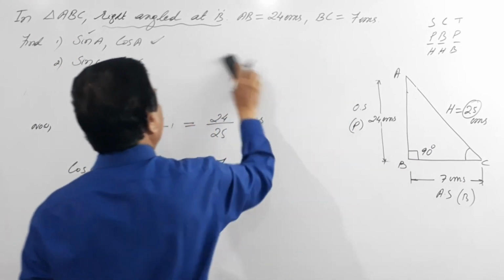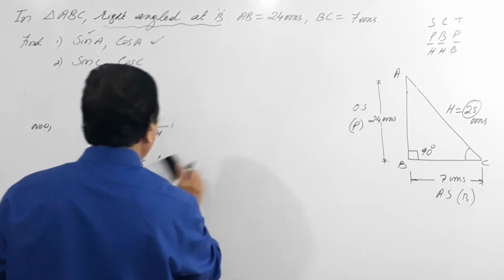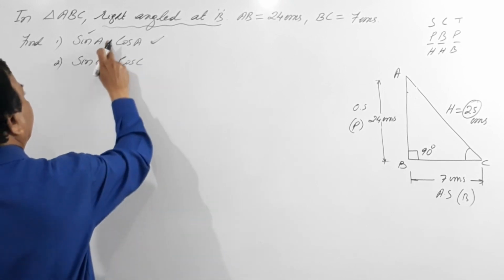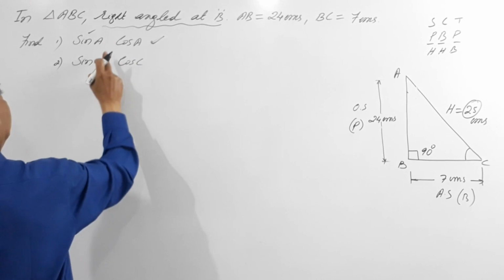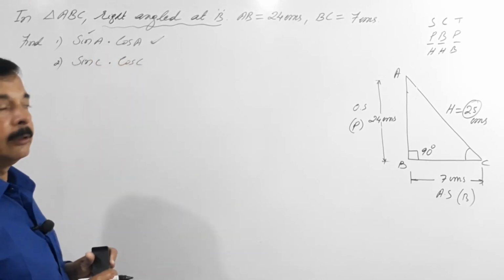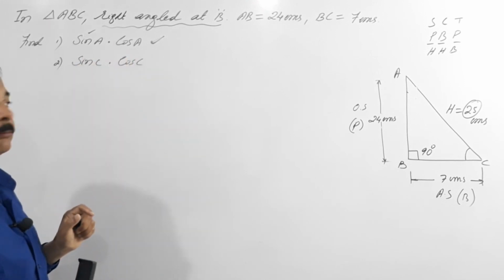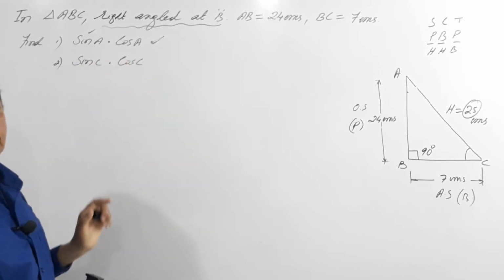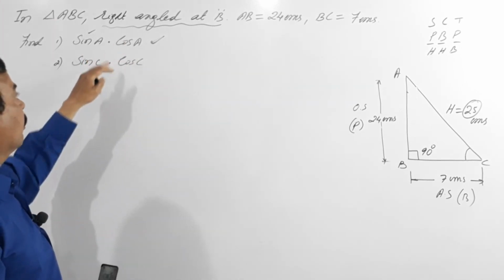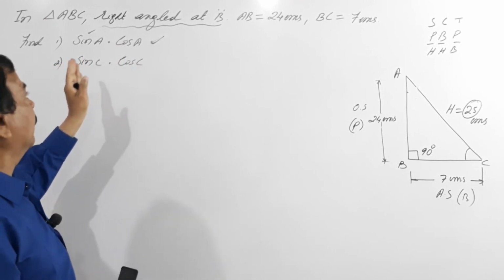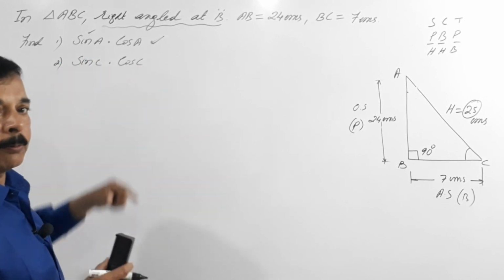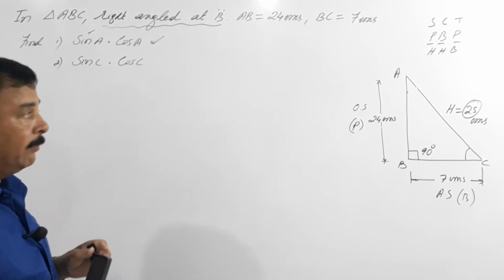Of course it is not in your syllabus, but if this problem is given in the examination, अगर इधर कॉमा डाला है, अगर फर्ज कीजिए इसको मिटा देंगे और एक डॉट दे देता हूं, मतलब क्या हो गया? sin A into cos A और sin C into cos C, मतलब इसको इसको मल्टीप्लाई करो, राइट? सो कॉमा डालने से अलग अलग हो गया, और डॉट डालने से मल्टीप्लाई करो. So we do this problem, आपके लिए हेल्प होगा, बेनिफिट होगा.